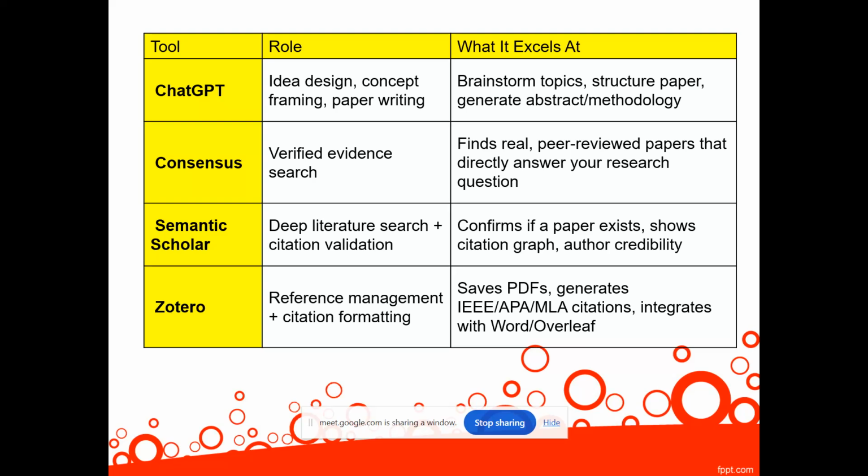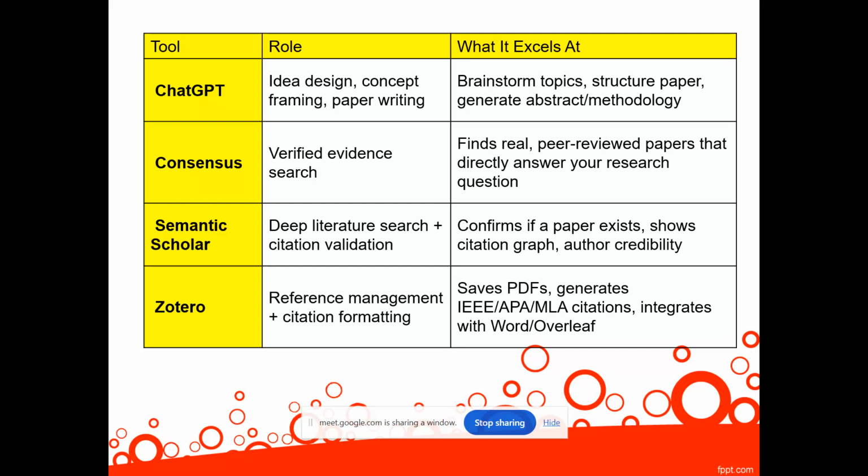It will help us draft an outline, whereas other tools will support it. Semantic Scholar will help us with deep literature search and citation validation, and it will also confirm whether a paper really exists. It will show us the citation graph and author credibility. All these things will help us.